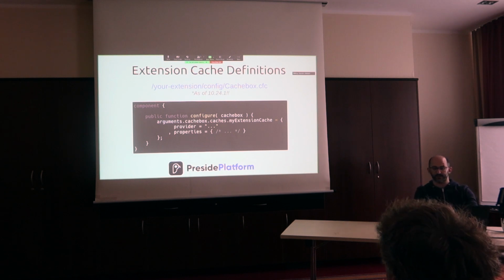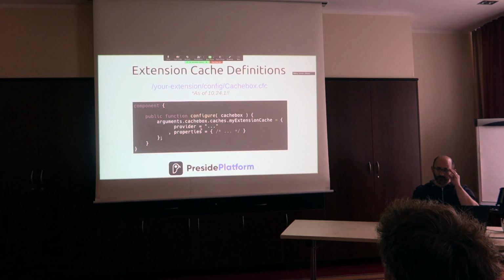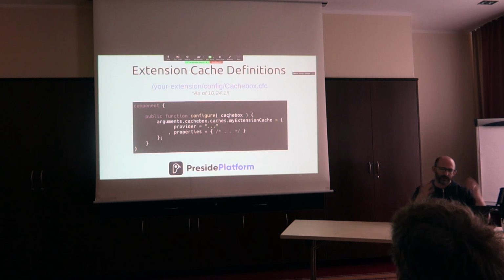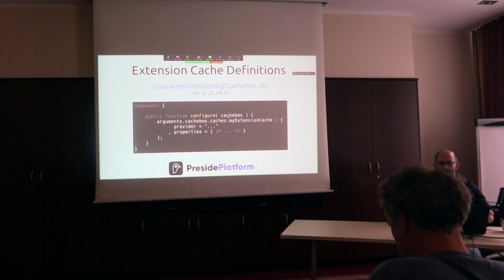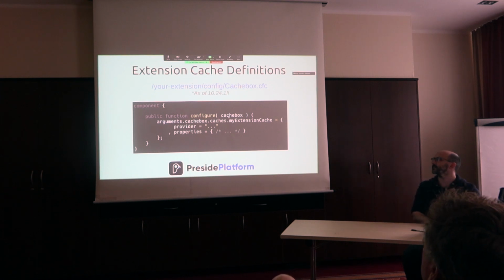So Cachebox gets given as an argument in configuring your extensions, and it's just assumed to exist in the variable scope in your app. So any modifications, all you need to be doing is modifying this Cachebox structure that comes as an argument, and that's it. Everything else is the same. That's true for extension config and extension wirebox as well.